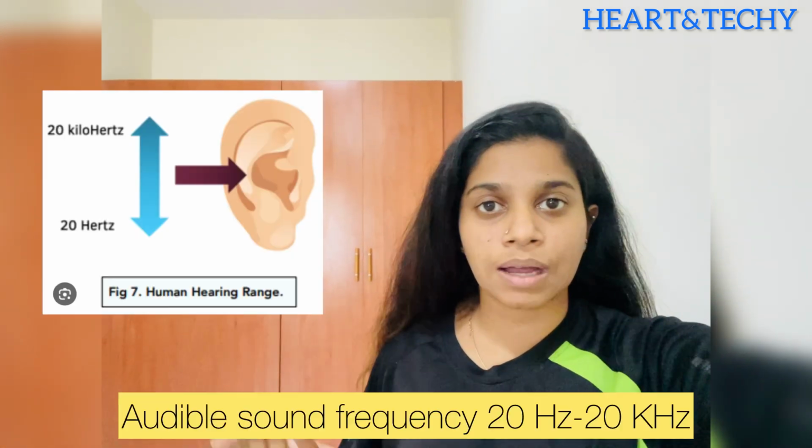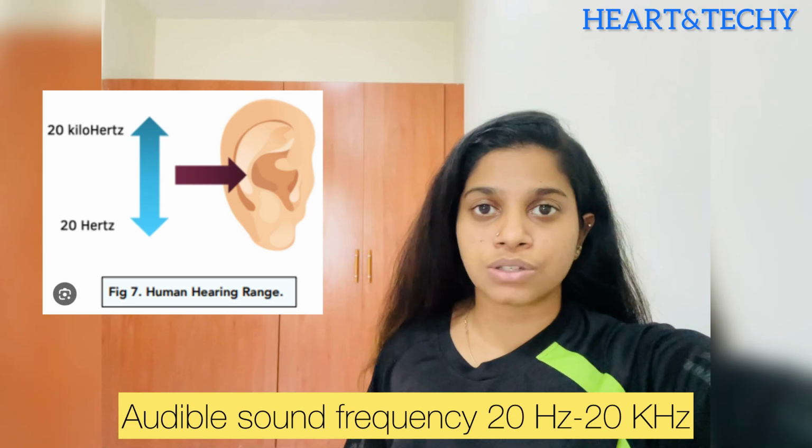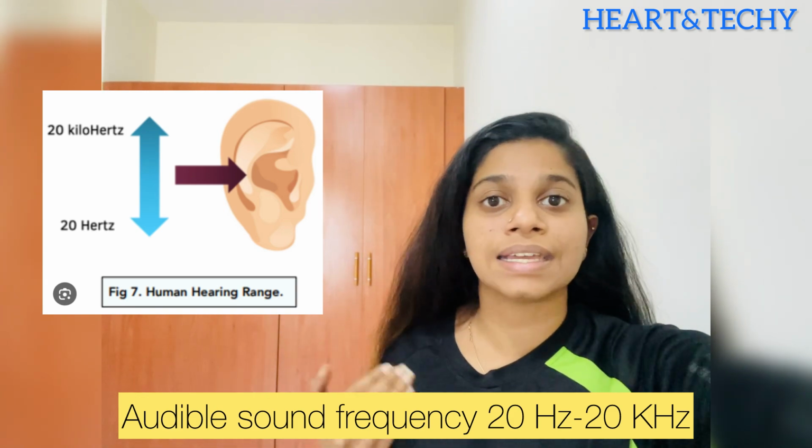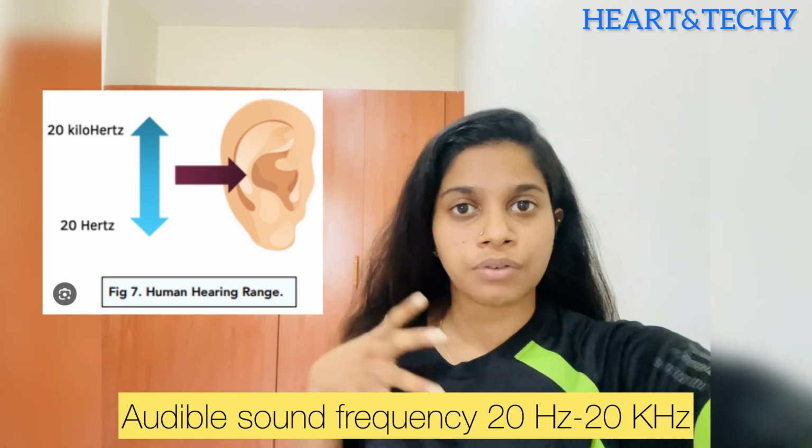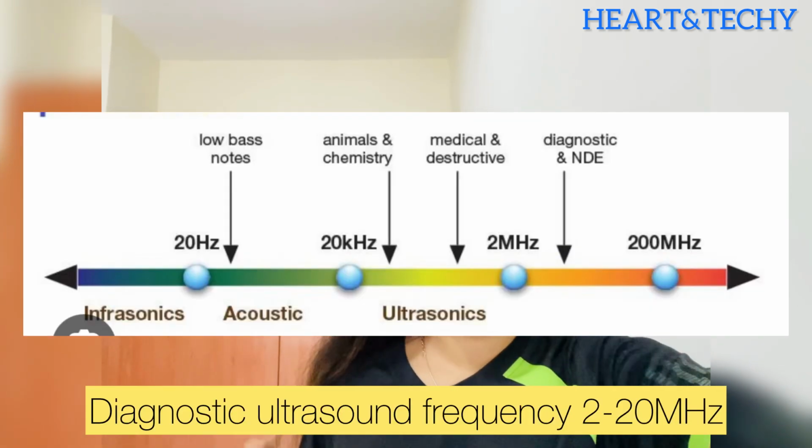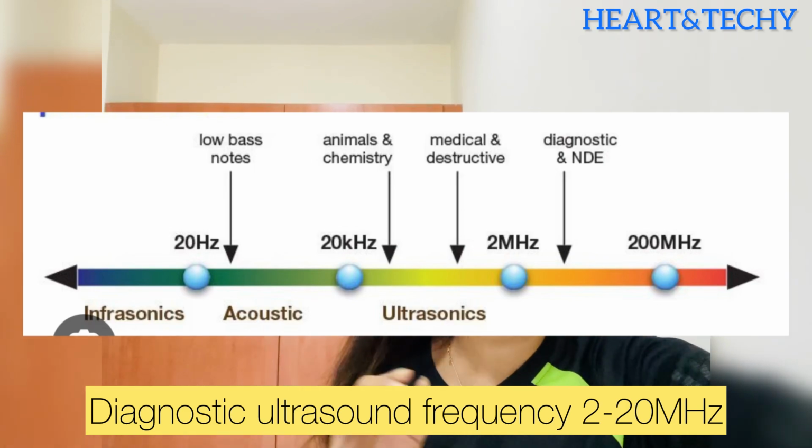We know that audible sound is in the range of 20 hertz to 20 kilohertz. This is our audible range. But ultrasound waves produce sound waves that are not audible to us. They are in the range of 2 to 20 megahertz.